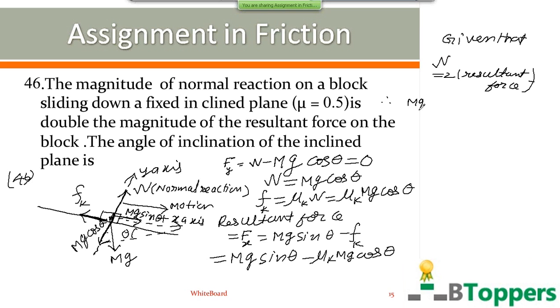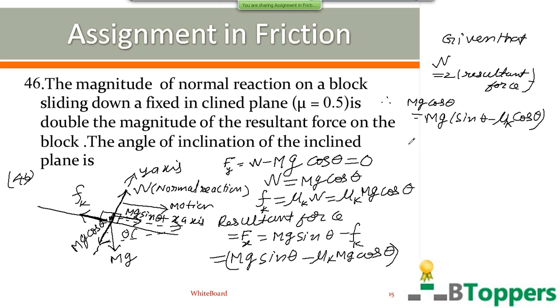Therefore, you can write N equal to mg cos theta on the left hand side, and for the magnitude of the resultant force from this equation, you can write mg into sin theta minus mu k cos theta.